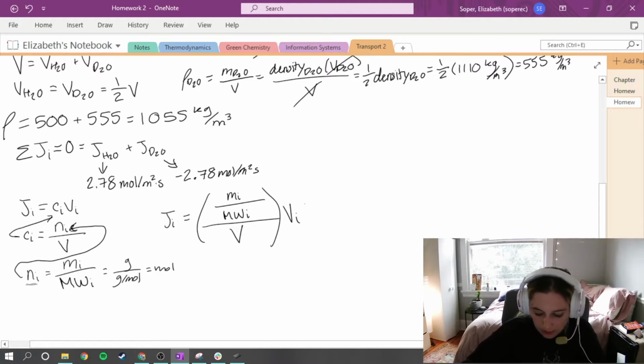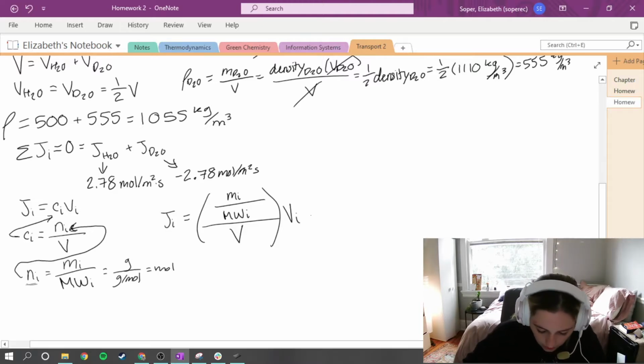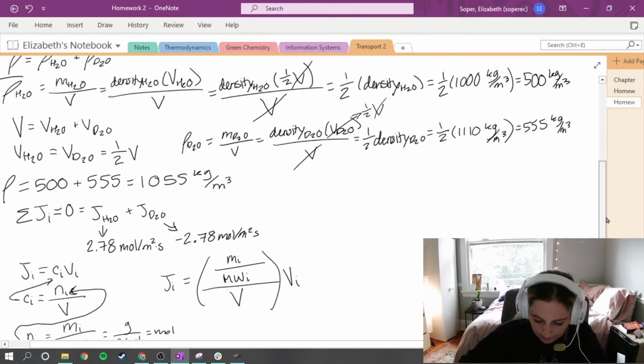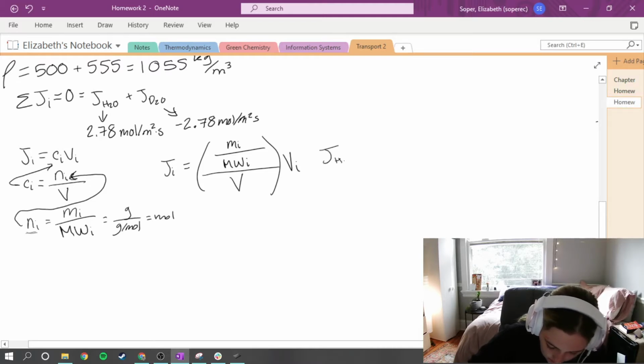Next, we can just plug in the numbers that we know. Let's look at the molar diffusive flux of H2O.